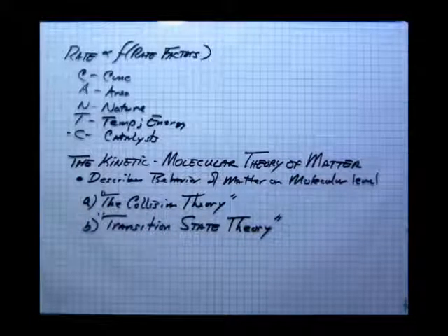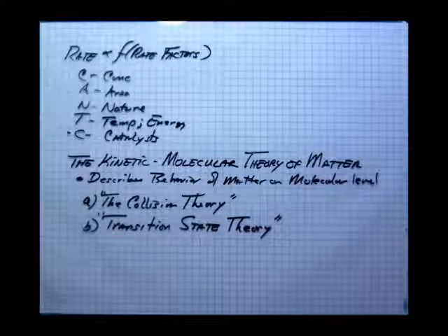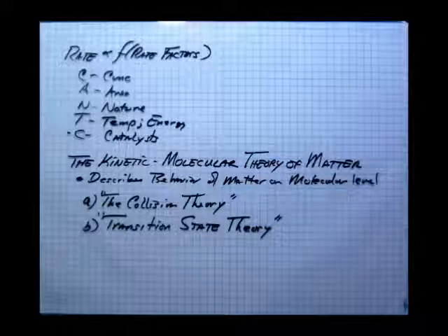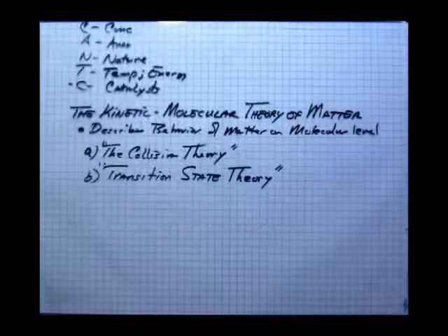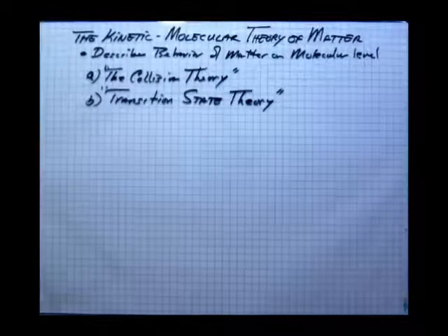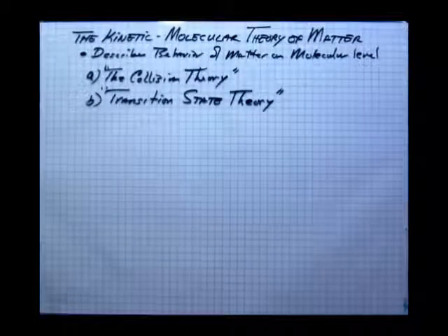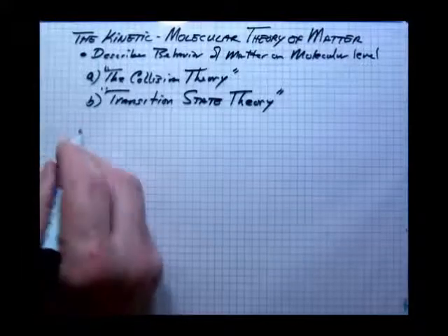To understand both of these, we have to look at some of the statistical behavior of particles, say in a gas phase reaction, in terms of what we know as a Boltzmann distribution. A what? A Boltzmann distribution.